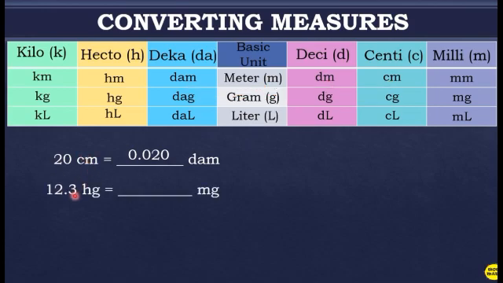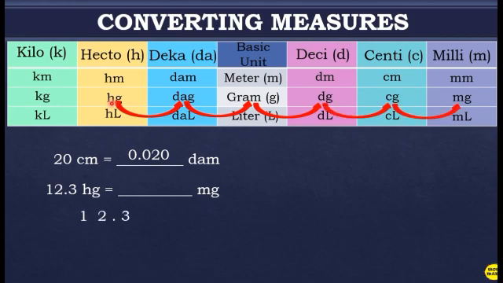Next. So, I have 12.3 hectograms. How many milligrams? Okay. Bilang tayo papunta sa milligrams. Ang layo, 'di ba? From here, 1, 2, 3, 4, 5. So, we have 5. Copy natin si 12.3 from the decimal point.